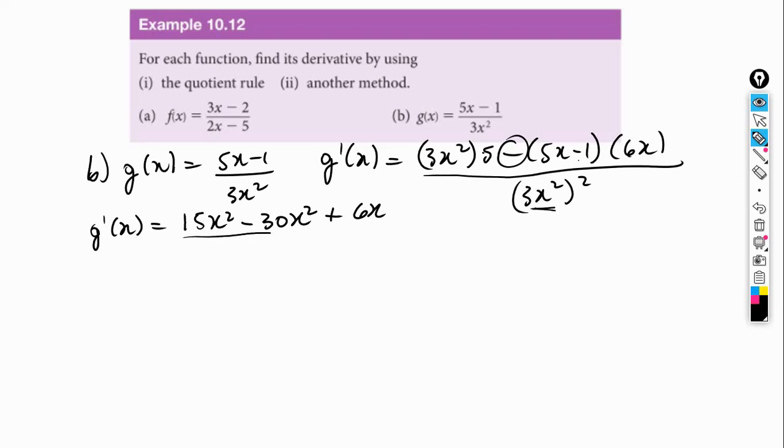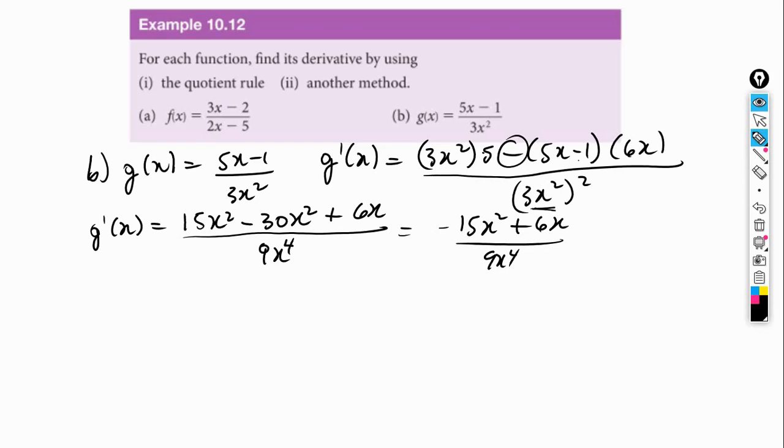And all of this over 9x to the 4. And then we can simplify this because we have similar terms. So we're going to get minus 15x squared plus 6x divided by 9x to the 4.